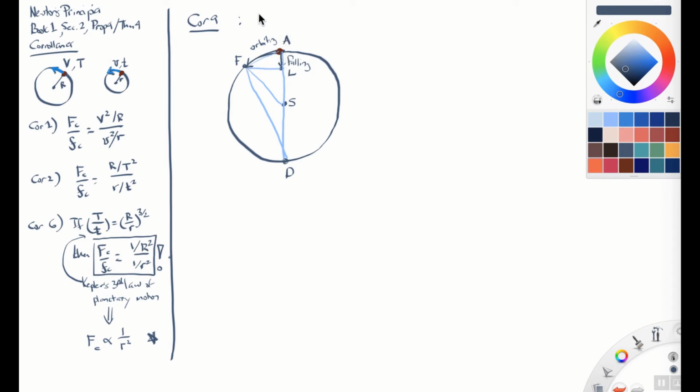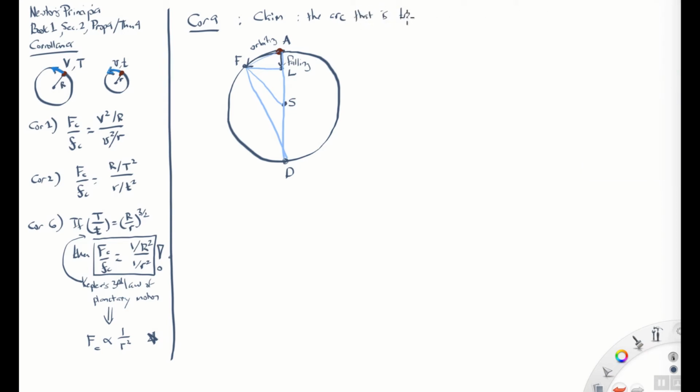Okay, so here's the claim: the arc that is traversed by an object, like the moon, orbiting a central point S, due to a centripetal force during a given time interval.